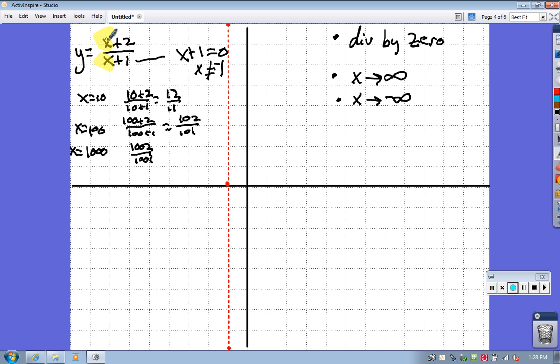So again, let's say x is 1,000,000. 1,000,000 plus 2 or 1,000,000 plus 1, they both might as well be 1,000,000. And if that's not big enough for you, make x 1 billion. 1 billion plus 2, 1 billion plus 1. See, what's happening is as x gets really big, these little extra pieces lose their significance. These have a lot of significance when x is 0, when x is really small. But when x gets really big, who cares?